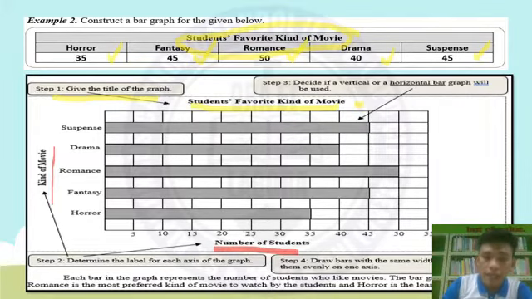So step 3, decide if vertical or horizontal. Right now we will use a horizontal bar graph. Step 4, draw bars with the same width, spaced evenly on one axis. Okay, so first, horror, 35 students.